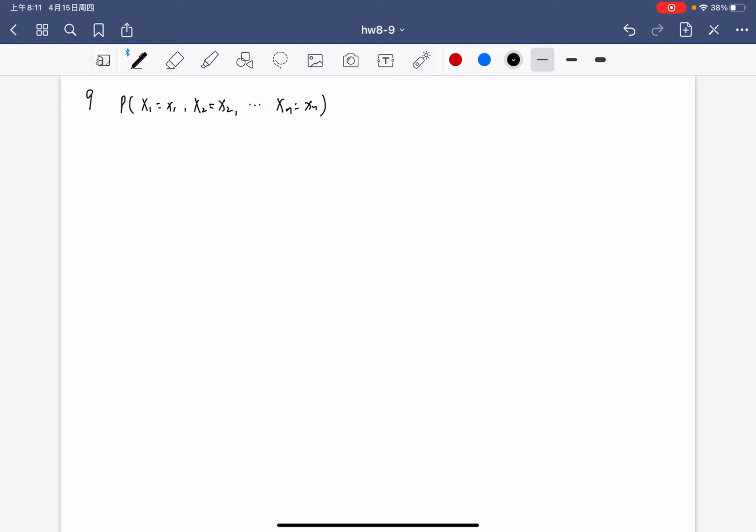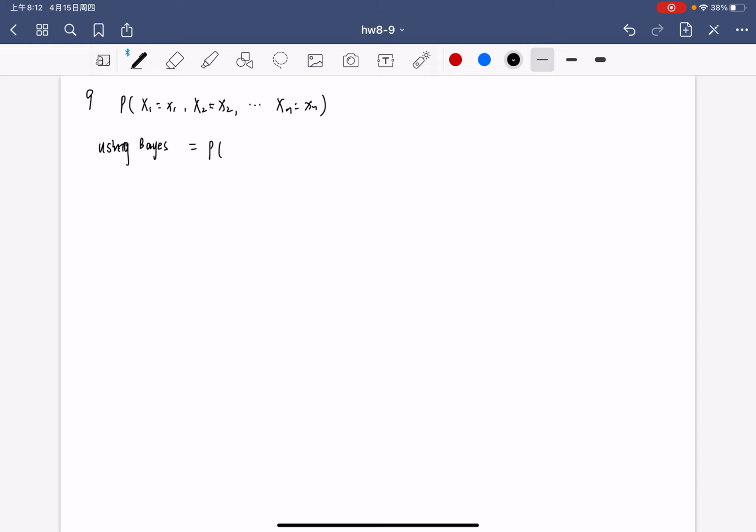And first, we use Bayes' rule, and we can rewrite this probability into this format.